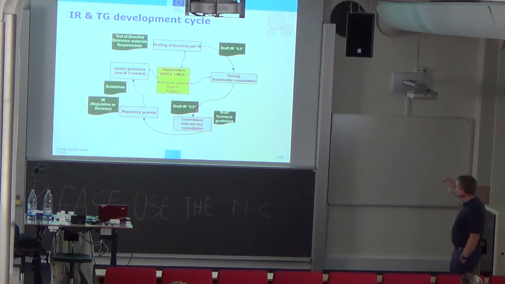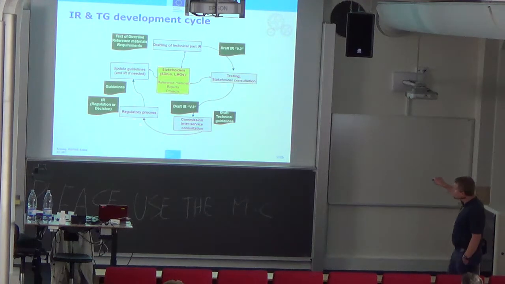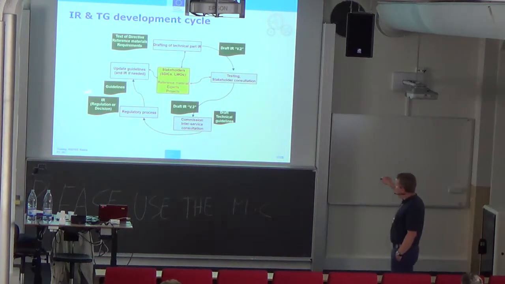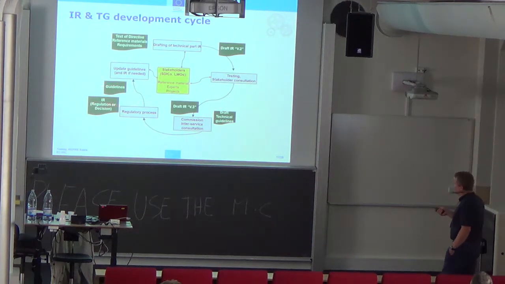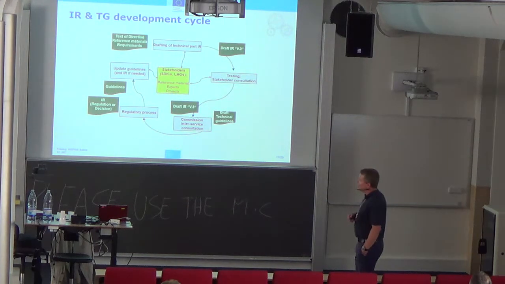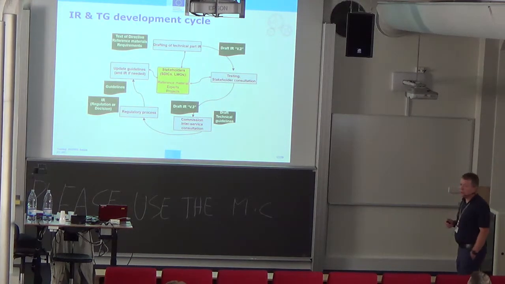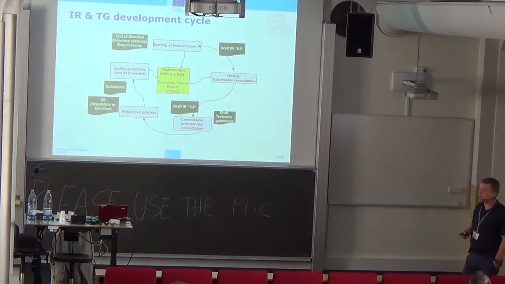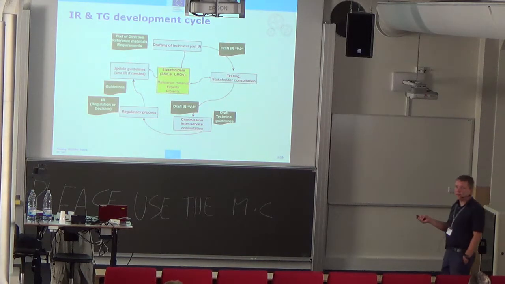It then went through Commission inter-service consultation, and we produced draft technical guidance. After that, it went to the regulatory process, so publishing of the implementing rule as a regulation or decision, and the final guidelines of the data specification. And of course, as I mentioned before, through maintenance and implementation, there will probably be some corrigenda, some things that will need to be changed in the future.